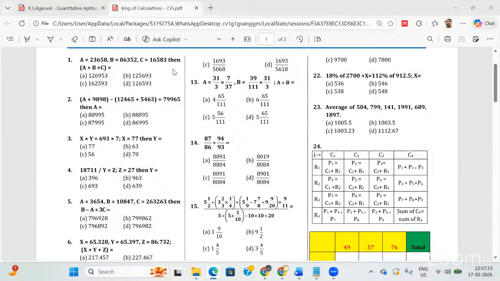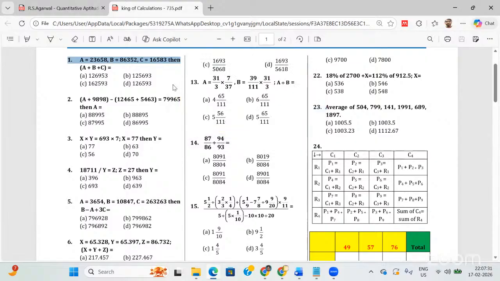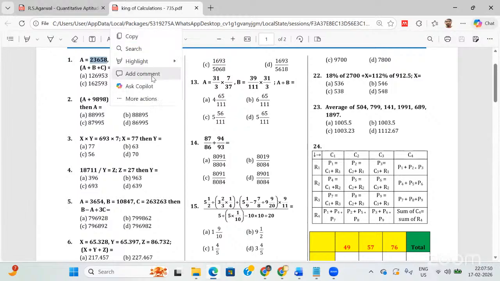Then just add these items. There is no such kind of shortcut trick for this kind of addition. You have to calculate using your intellectual quotient, IQ. Based on your IQ, you have to solve. If you consider the last term, all the last terms are the same.